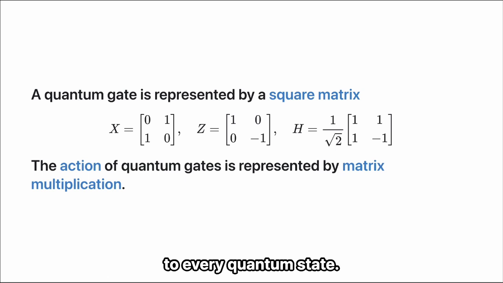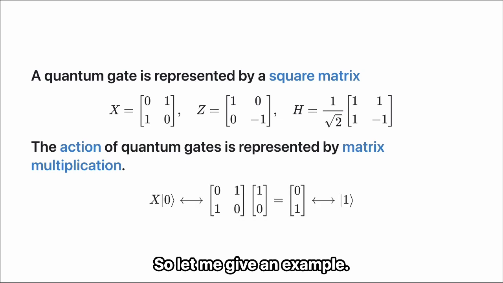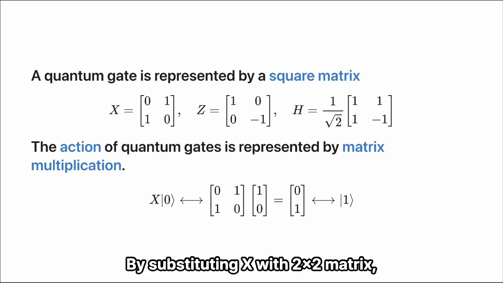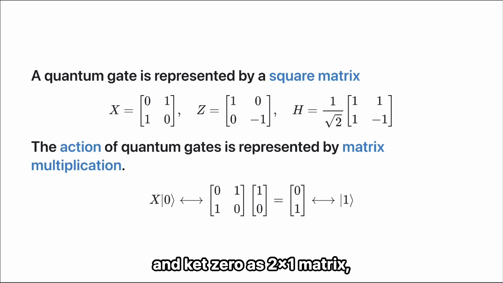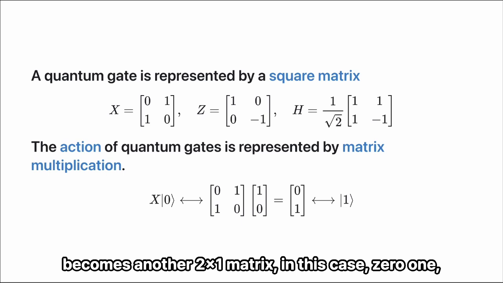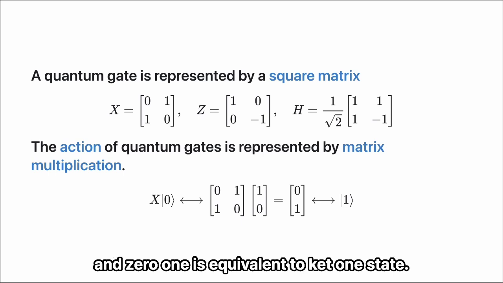on every quantum state. So let me give an example. Let's say we act X on ket 0. I can rewrite it as matrix multiplication by substituting X with a 2 by 2 matrix and ket 0 as a 2 by 1 matrix. So I get a 2 by 2 matrix times a 2 by 1 matrix becomes another 2 by 1 matrix, in this case (0, 1), and (0, 1) is equivalent to the ket 1 state.